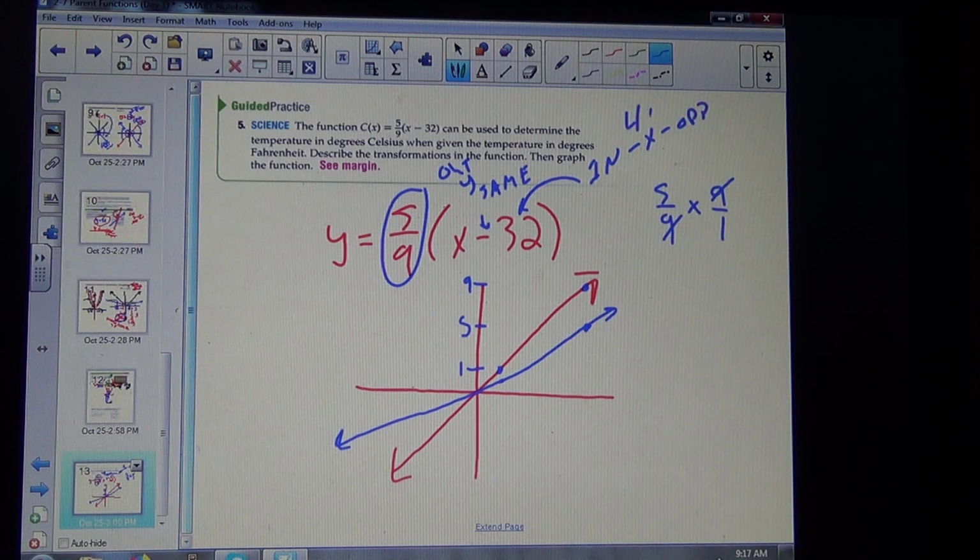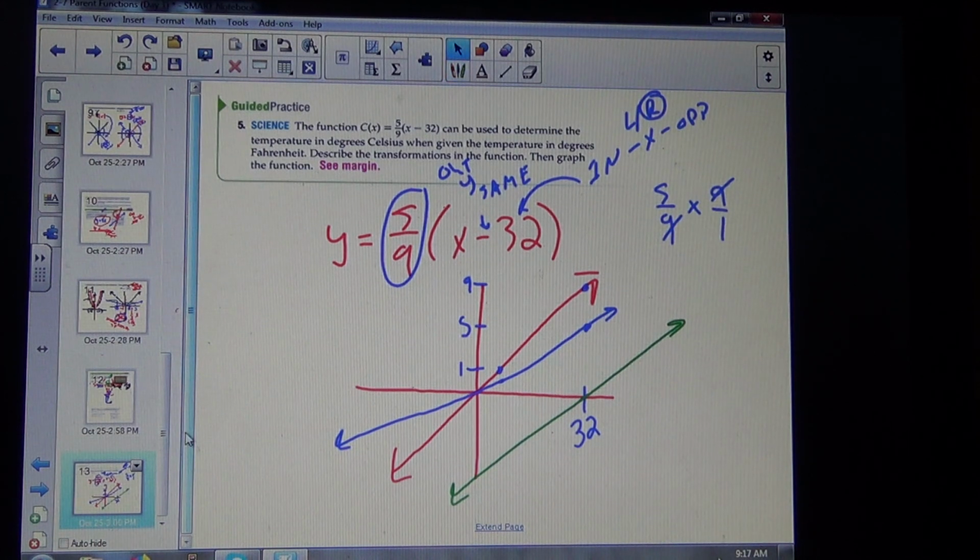X's go left and right. So opposite of negative would be positive, which would be to the right, 32 units. So then this whole graph, which is again hard to draw, will go over 32 units, and it's the same 5/9 slope.